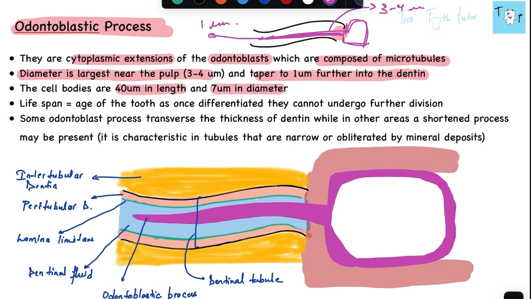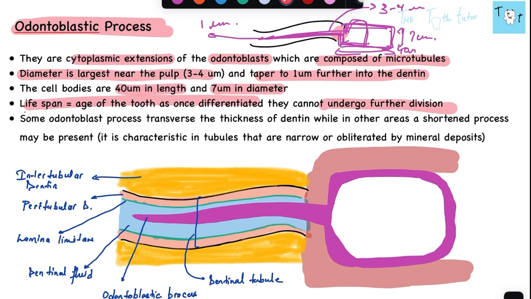So the cell body would be shaped like this, 40 micrometers in length and 7 micrometers in diameter. Now the lifespan is the same as the age of the tooth, because once an odontoblast is formed, it cannot be reformed or undergo further division. So the lifespan of the odontoblast is the same as the age of the tooth.